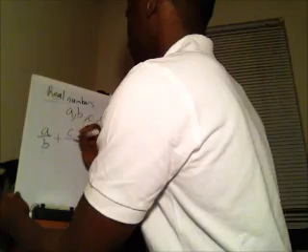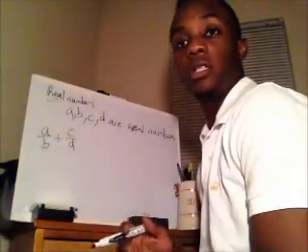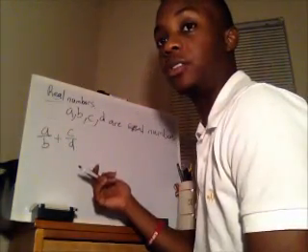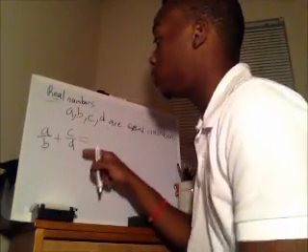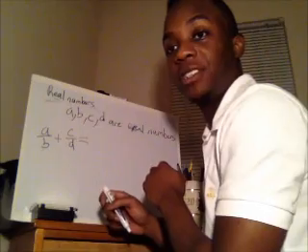All right? A over B plus C over D is how we add fractions, right? Now, how do we add fractions? The basic way is to make sure that both fractions have the same denominator.